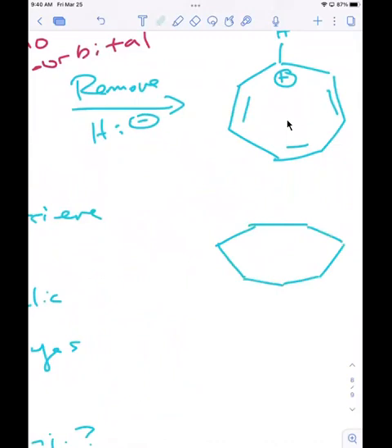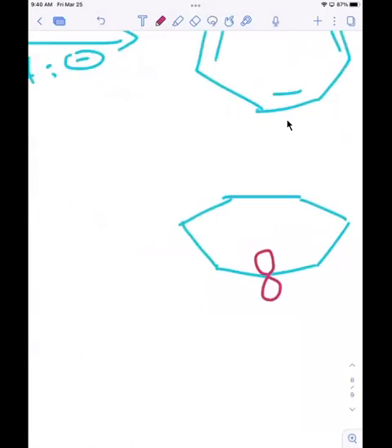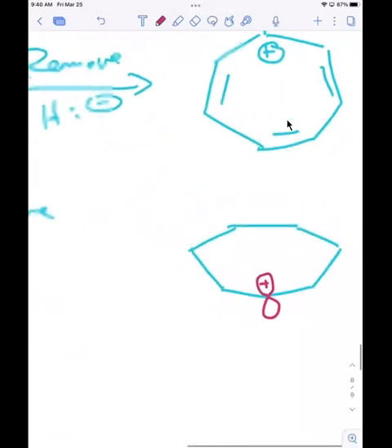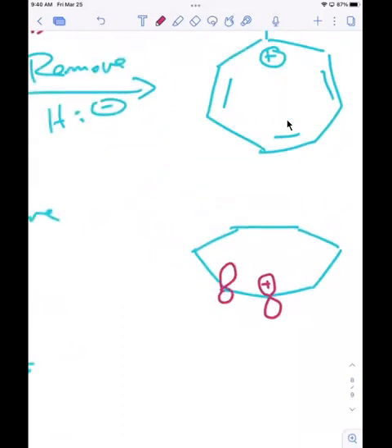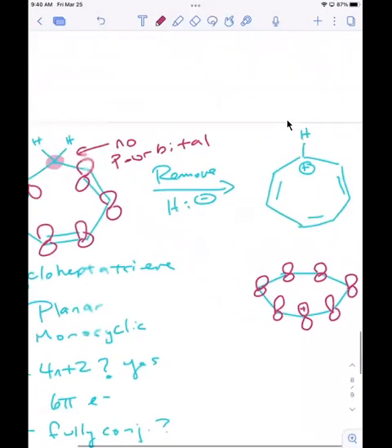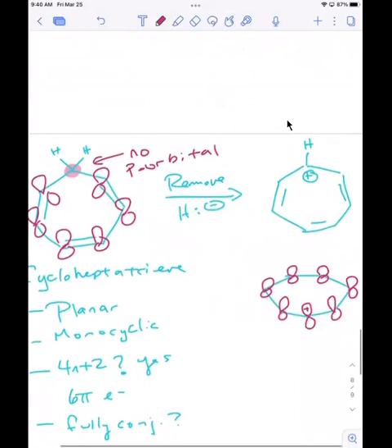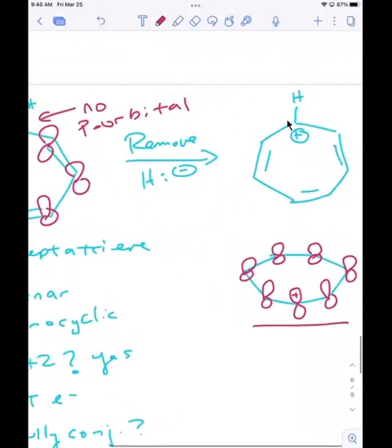Right, so that cation, which is here, it's now going to overlap with all of the other p orbitals in that ring, right? And so because of that, now it's fully conjugated.